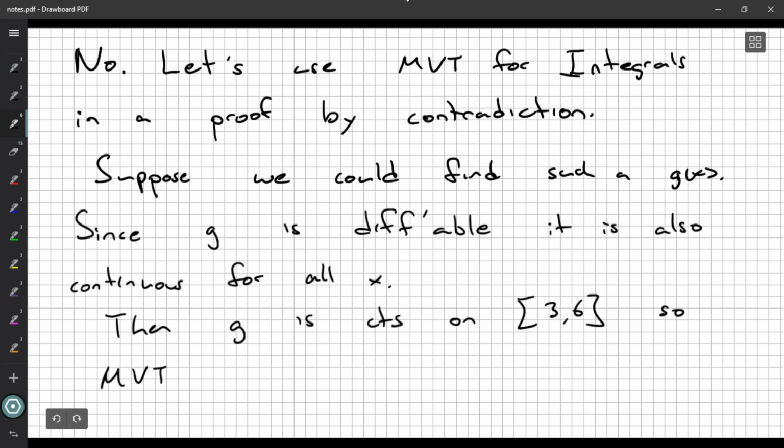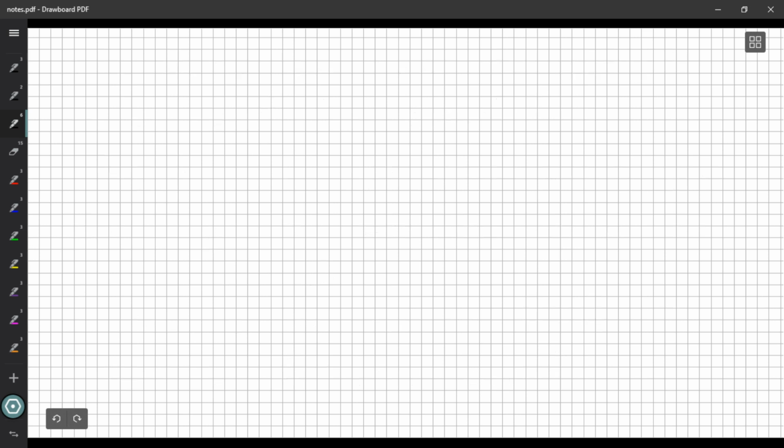So the mean value theorem, you can write for integrals, but we already said it's going to be for integrals, so we could probably just get away with MVT. So the mean value theorem for integrals applies. What's the conclusion from there? There is a, now usually I say c, but I'm going to just switch things up. I'm going to say there is a b.